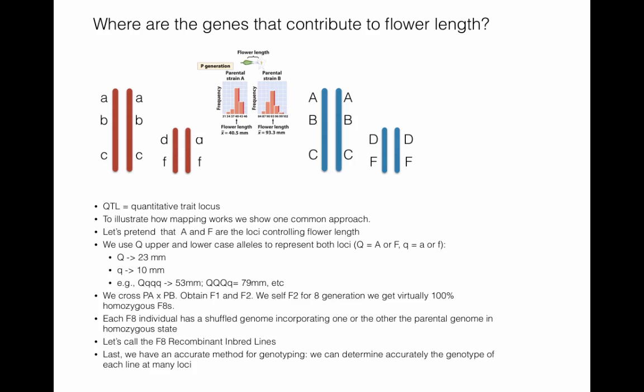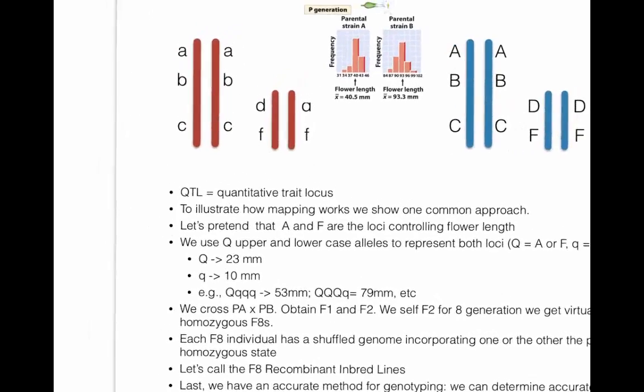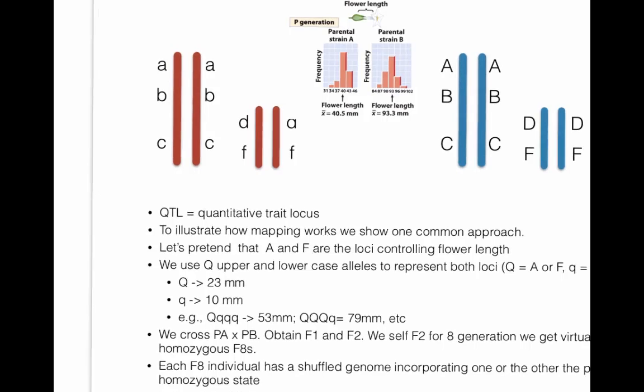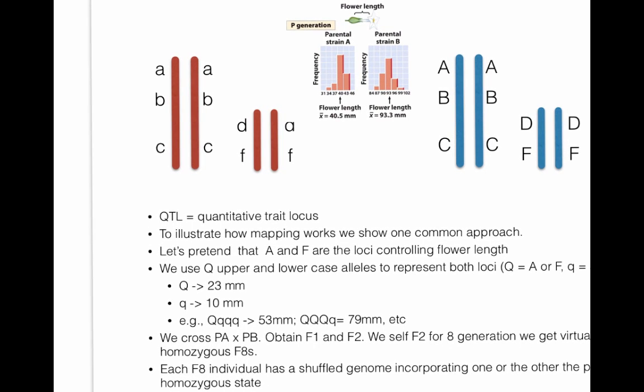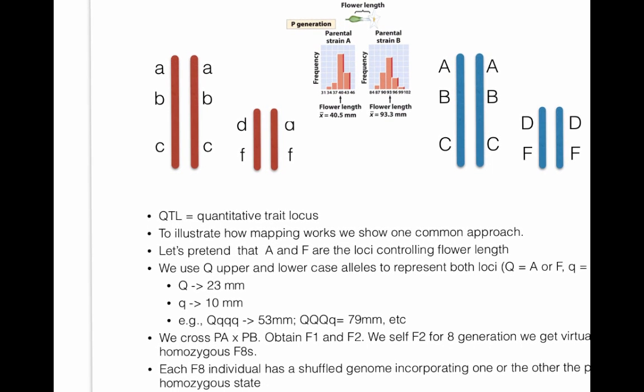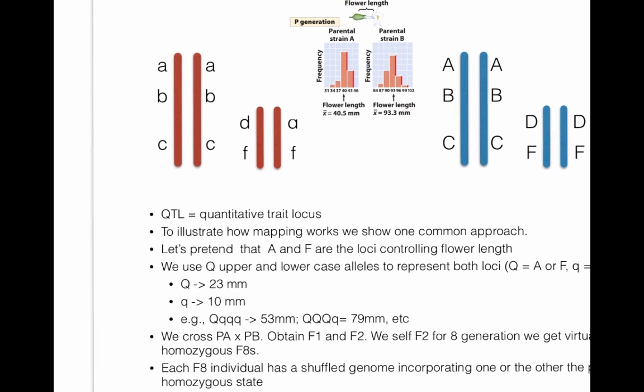What does QTL mean? QTL stands for Quantitative Trait Locus, and corresponds to a locus on the chromosome that has an effect on the trait of interest, and the trait is a quantitative trait. Assuming that there are, for example, two loci controlling the corolla length, we can estimate the effect of each allele type.